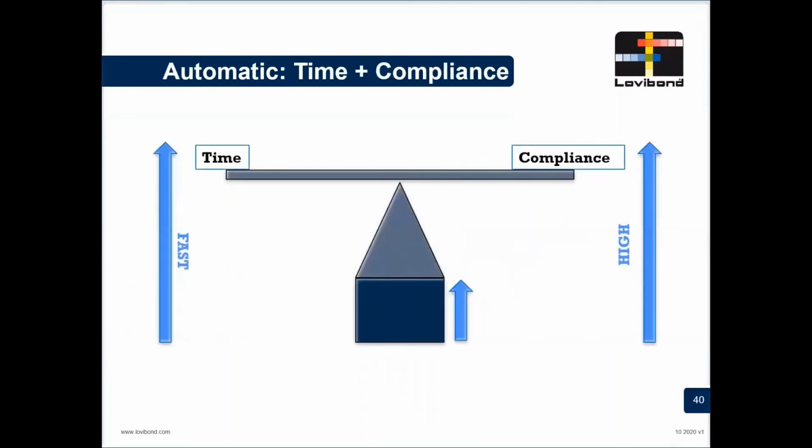So if we look at our automatic instrument, we can probably find that our measurement time is pretty fast. And also, because of the repeatability and the accuracy of the instrument, our compliance can be high as well. So it's a sort of win-win situation.